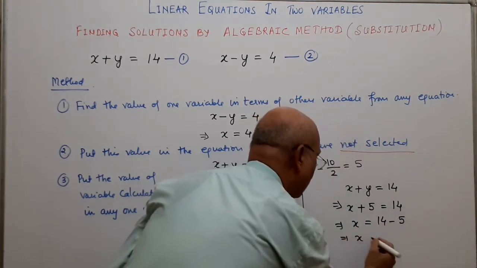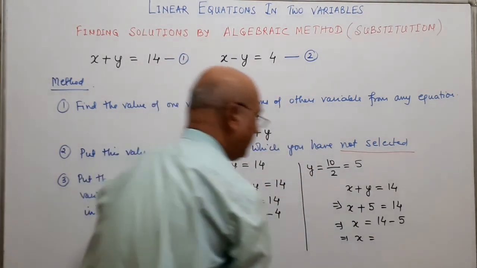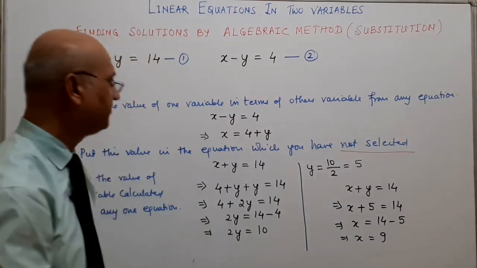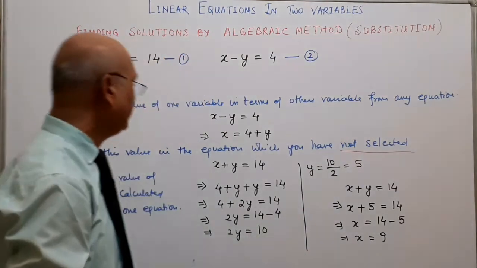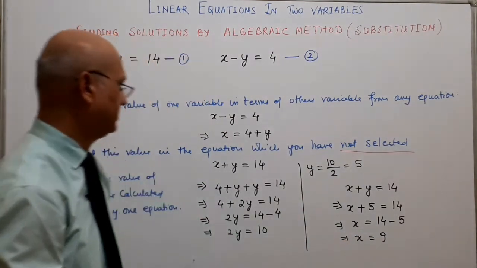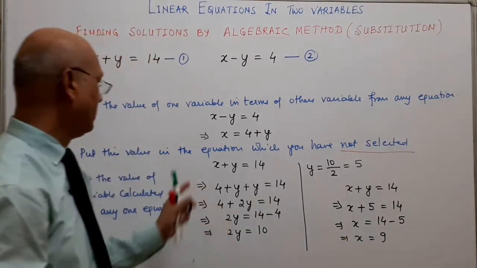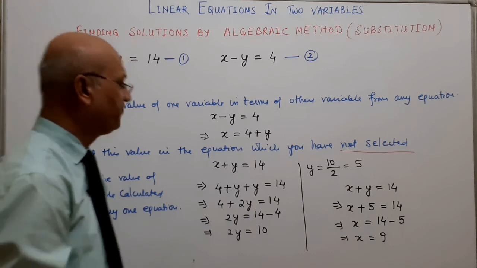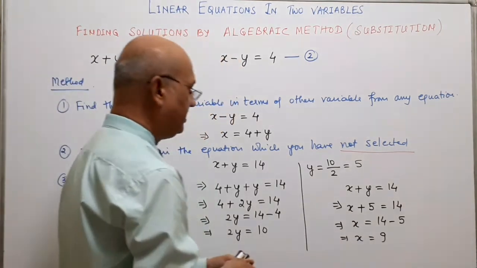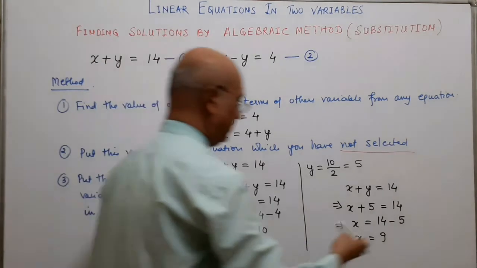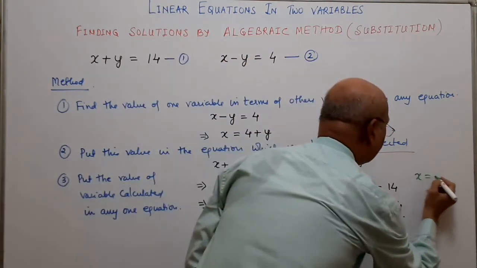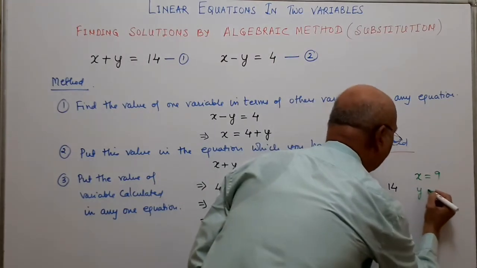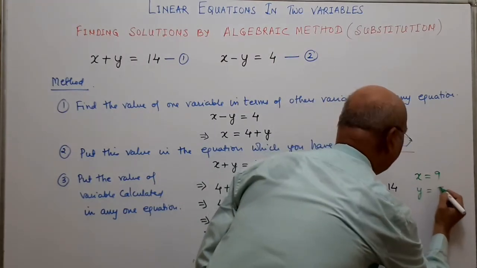So finally x is equal to 14 minus 5, which is 9. Now we have got the value of x as 9 and y as 5. So the solution here: x is equal to 9 and y is equal to 5.